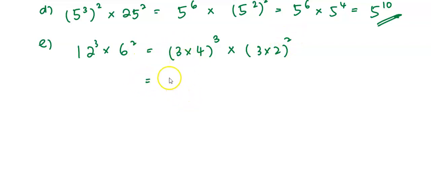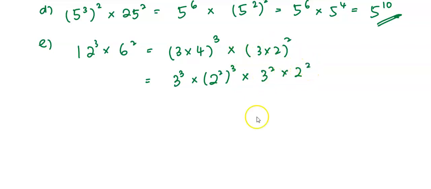And you can write this as 3 power of 3 multiplied by 4 power of 3. The 4 can be converted into 2 power of 2. You can just write them down first. And then multiply by 3 power of 2, multiply by 2 power of 2.